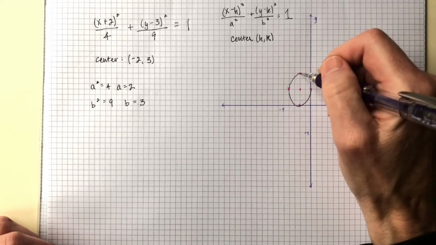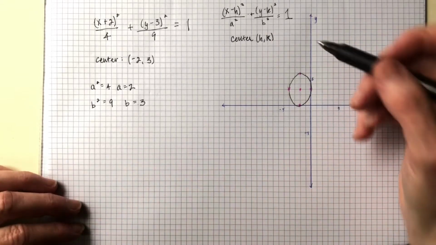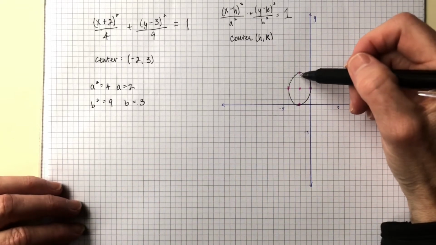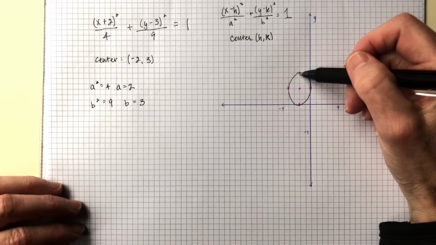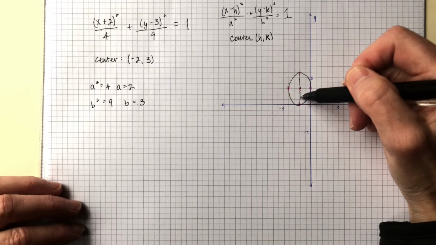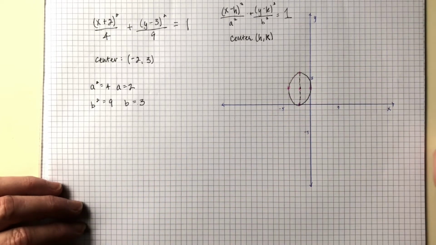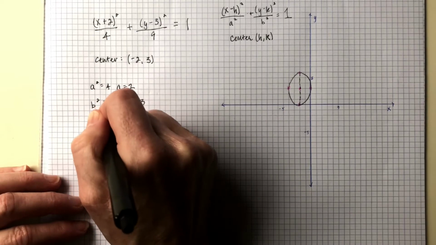All right. And that will help us find the vertices. So the vertices are on the major axis, and the major axis of an ellipse is this right here, which I'm putting a little dotted line on. And you will need to list those points in your answer.